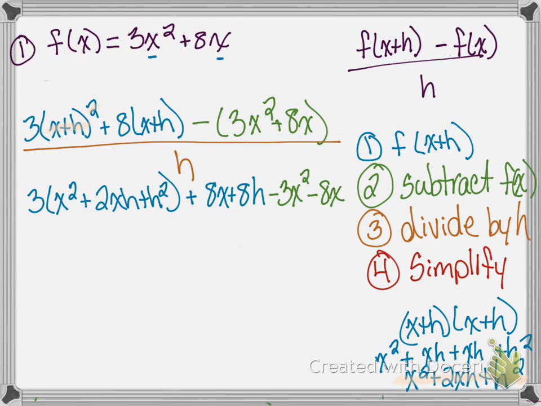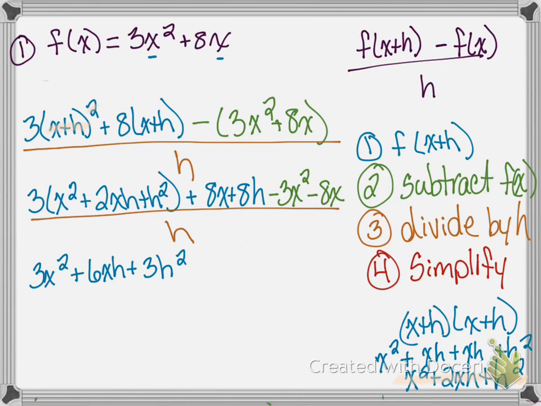Okay? So I then subtracted. So now I'm going to keep my divided by h. Okay? I'm going to distribute my 3. So I have 3x squared plus 6xh plus 3h squared. I'm just rewriting the rest.